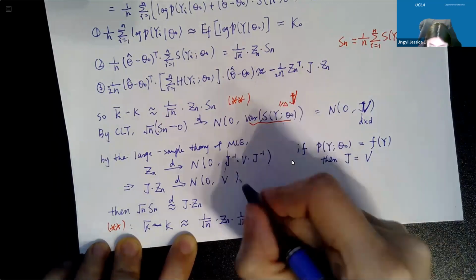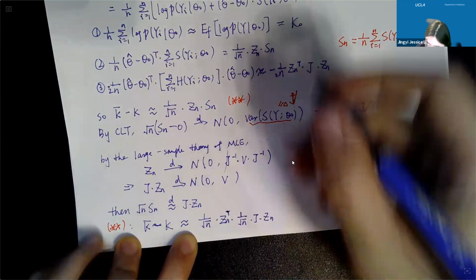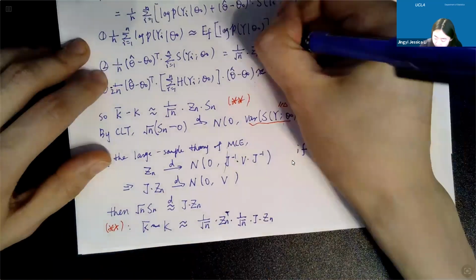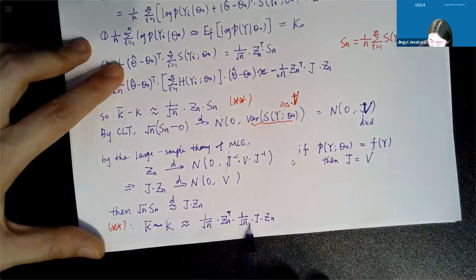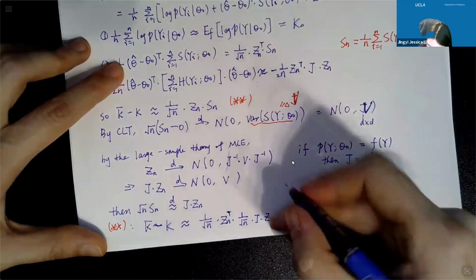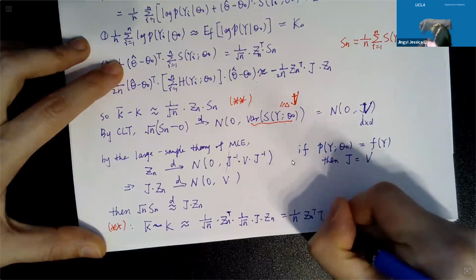Zn transpose. I think I forgot about Zn transpose here. The transpose should be here. Okay, so that's why, you see, we have a more symmetric form. That's 1 over n times Zn transpose J Zn.